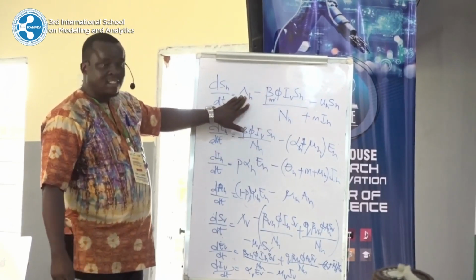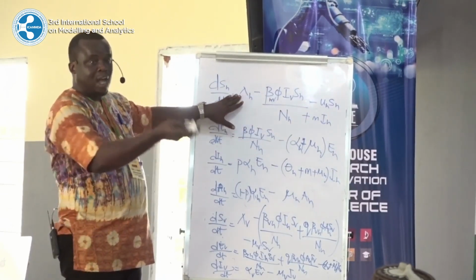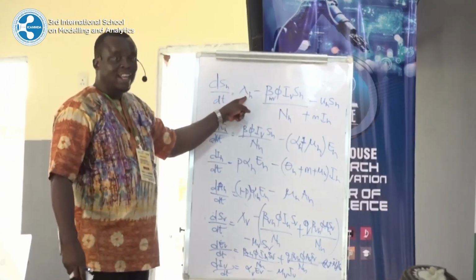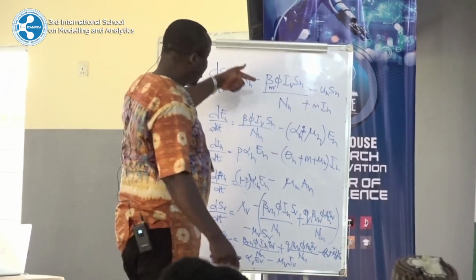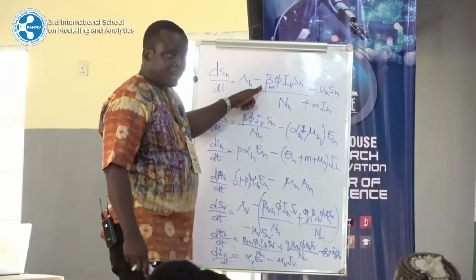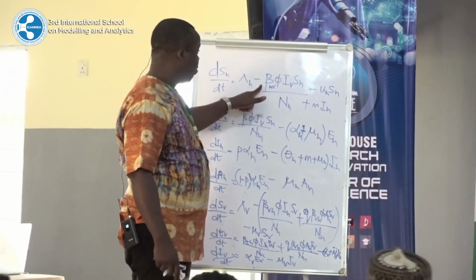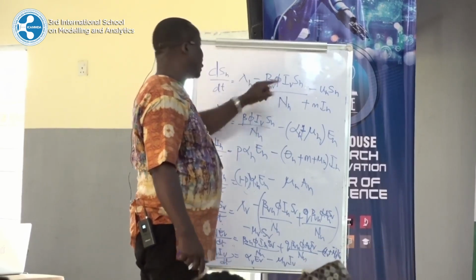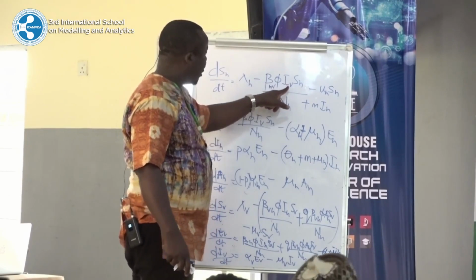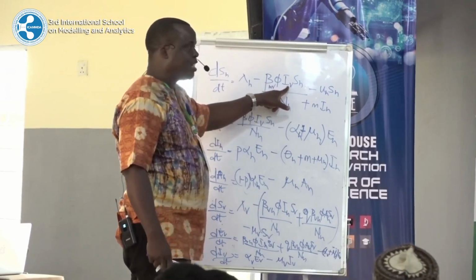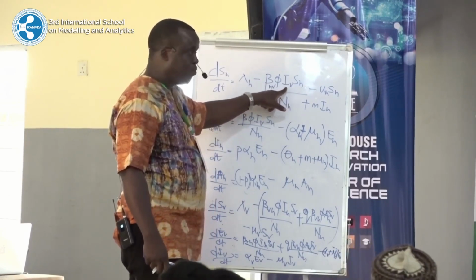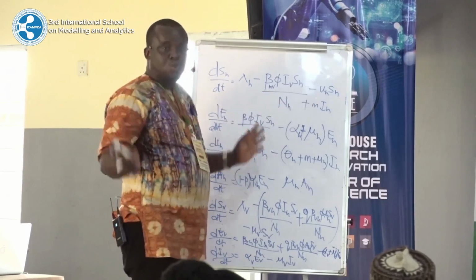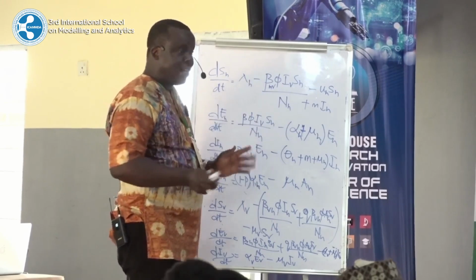So we have births being born into this class at this rate, lambda H, and then we have the probability of transmission, the contact, and then IV, which is an infected mosquito coming to a human. So this one does not have any control. It's just a normal malaria model.